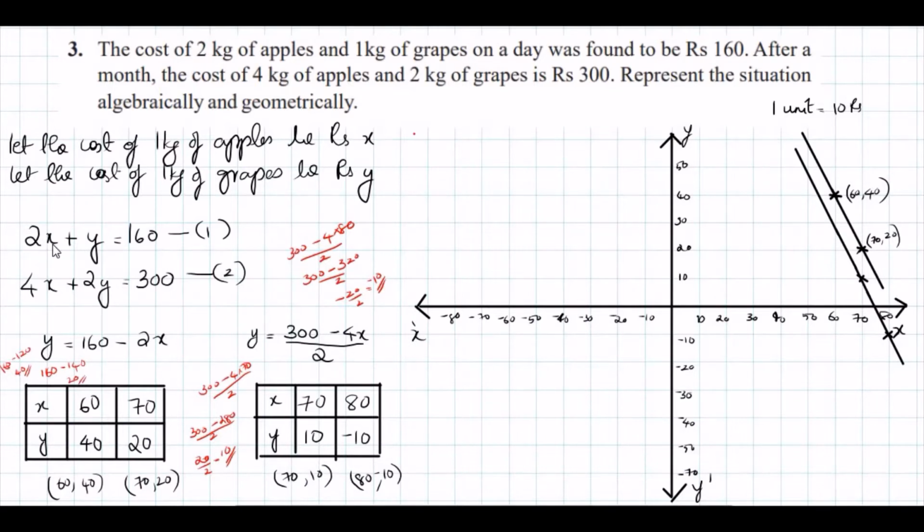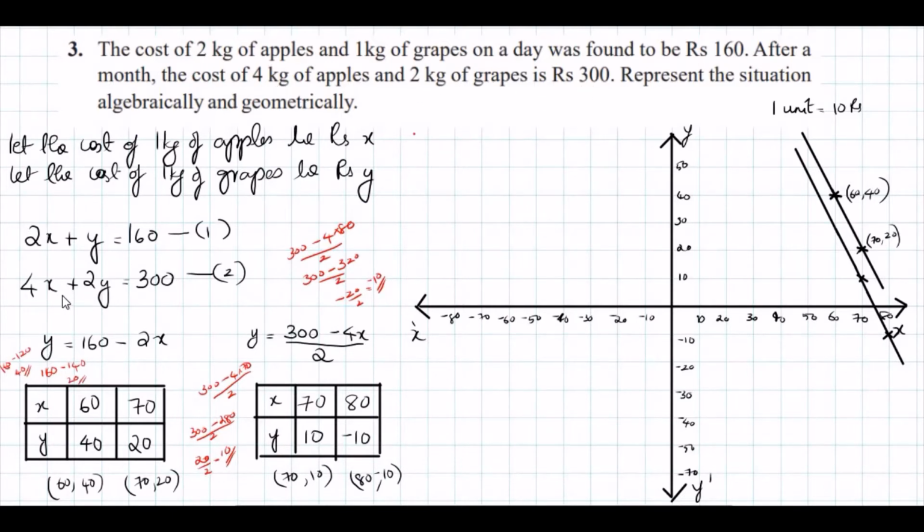That is, the cost of 1 kg of apples is rupees x, so 2 kg of apples will cost 2x, and 1 kg of grapes is rupees y, so plus 1y equal to 160. That is what is given for the first case. And the second one is the cost of 4 kg of apples and 2 kg of grapes is rupees 300.